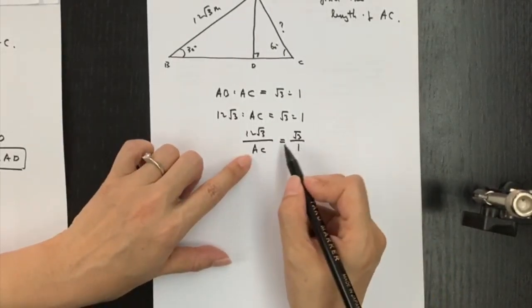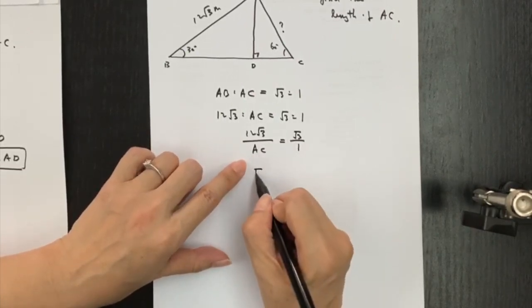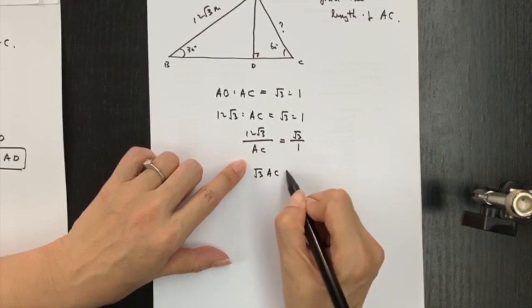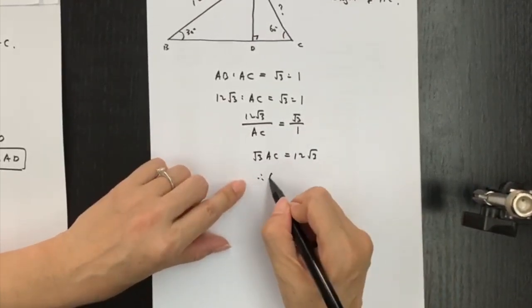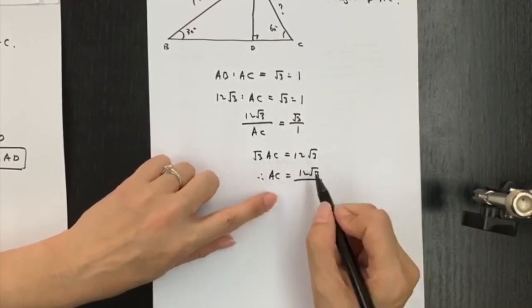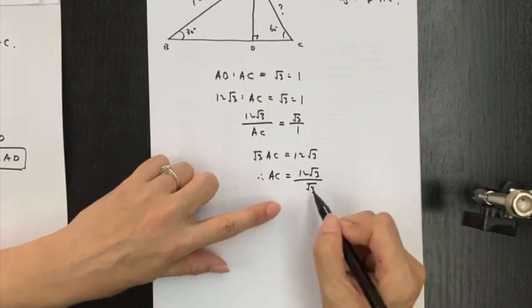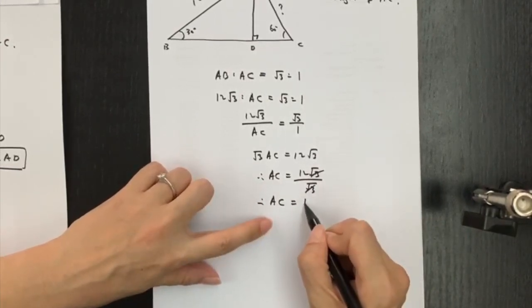Now I can find AC by cross multiplication: root 3 times AC is equal to 12 root 3. Move this root 3 to the right-hand side, and root 3 cancels out. Therefore, the answer for AC is 12.